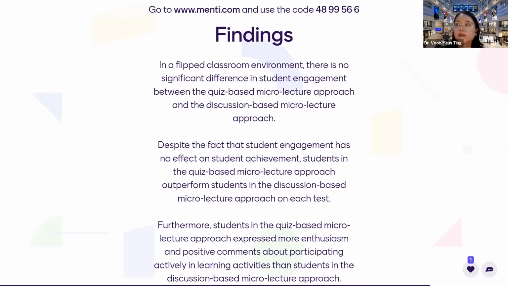I applied the quiz-based and discussion-based approaches because of HOTS, the higher order thinking skills. I want them to do the remembering and understanding outside the class. But when we do in-class activities, I can focus more on higher levels of thinking for the students. So this is something I want to share with all the speakers and lecturers here.